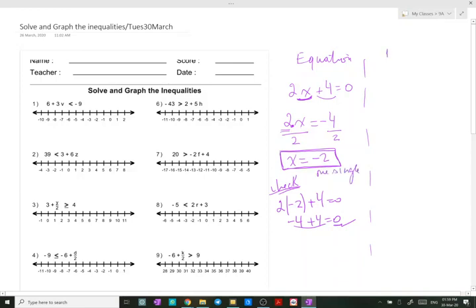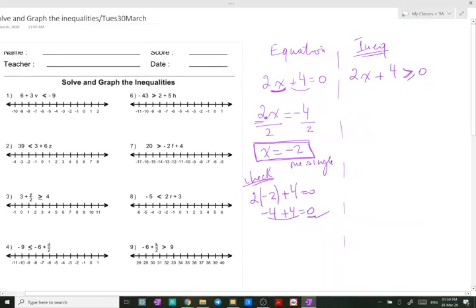Now if I have an inequality, and I take the same expression, but now it's greater or equal to 0.